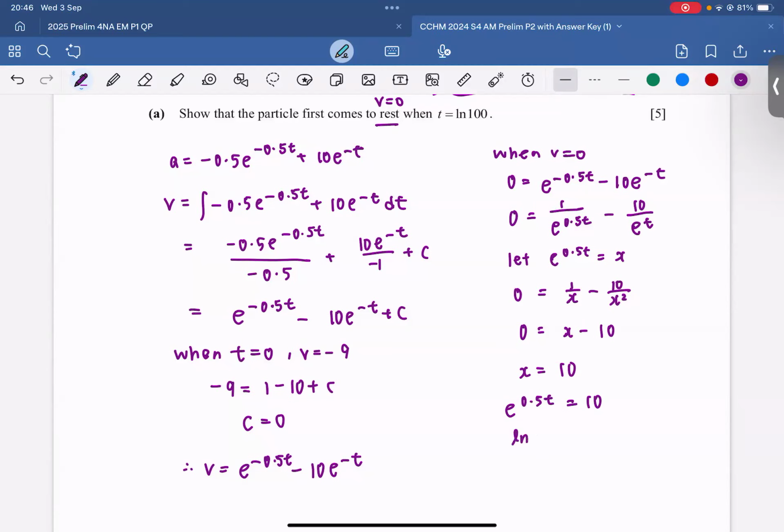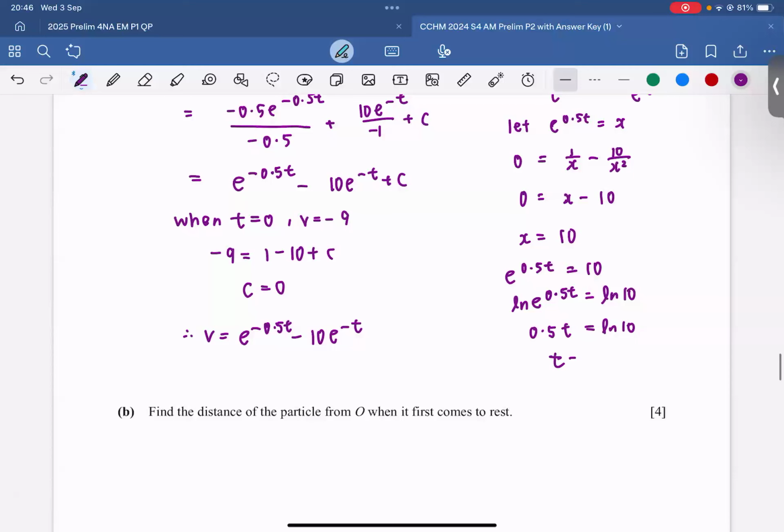Now you ln both sides to bring the 0.5t down. So this is just 0.5t equals ln 10. Multiply 2 on both sides, t equals 2 ln 10, which equals ln 10 squared, which equals ln 100.